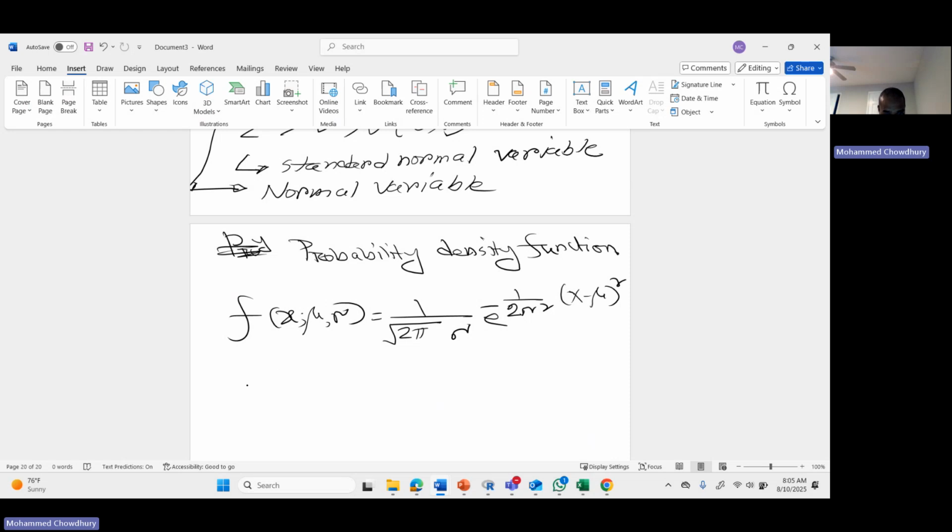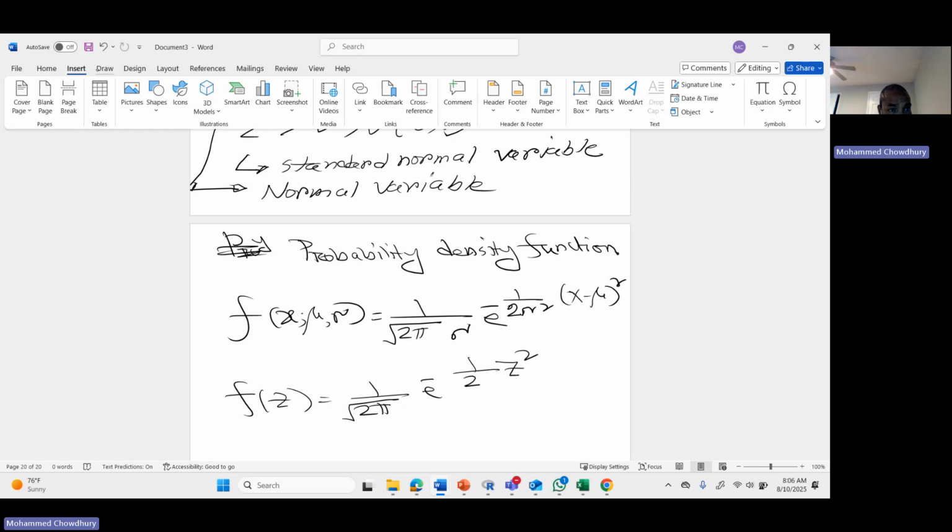This is the x. What is the z? Z has 1 over square root of twice pi, and sigma equal to 1. So it has e to the power minus one half z square. So this part, you remember, is the z.